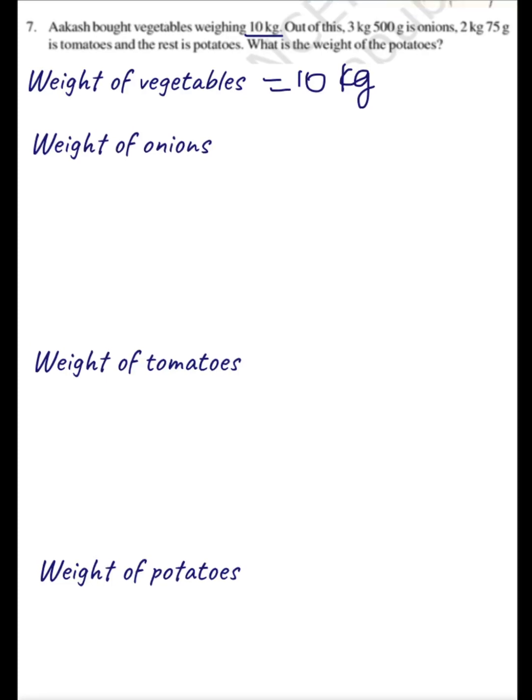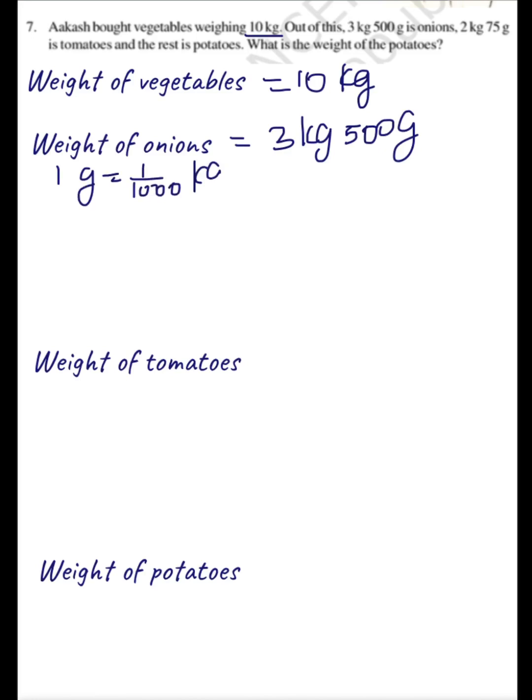Now weight of onions. It's also given in the question, which is what? 3 kilogram 500 grams. So we have to convert this into kilogram. You know that 1 gram is equal to 1 by 1000 kilogram. 3 kilogram is already in kilogram, so no need of converting it.